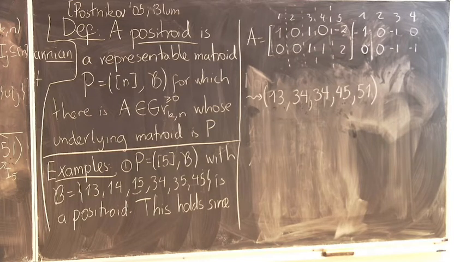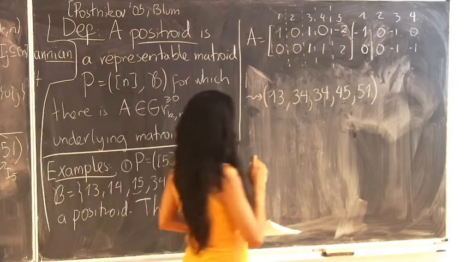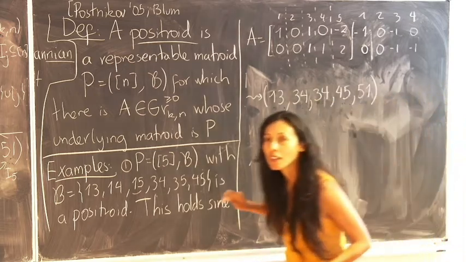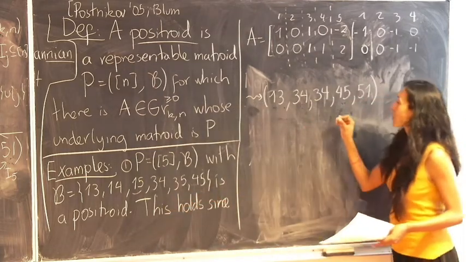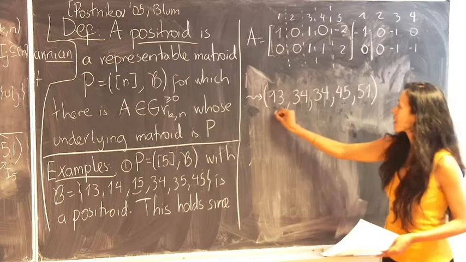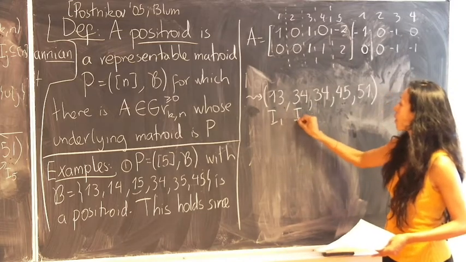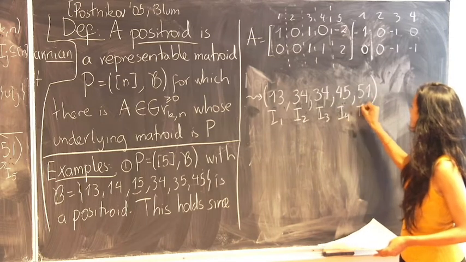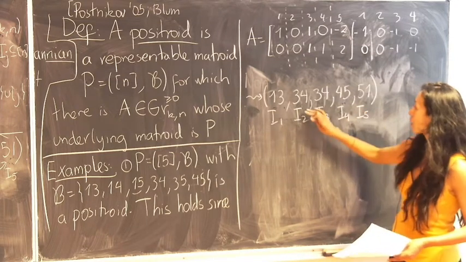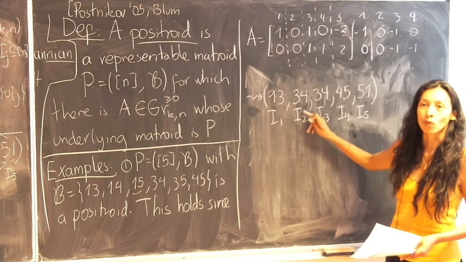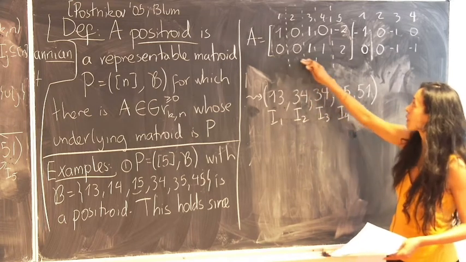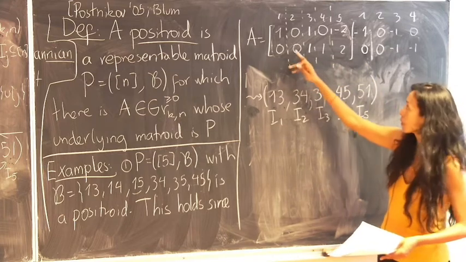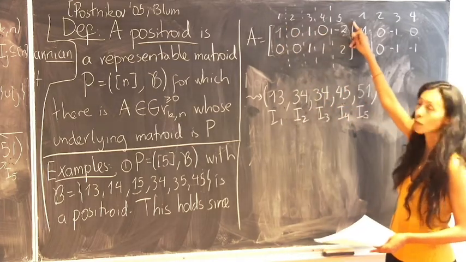So let's just, for instance, check that I2 is what we claim. So if we want to build I2, this was my original matrix. And to build I2, then my original matrix has columns 1 up to 5.